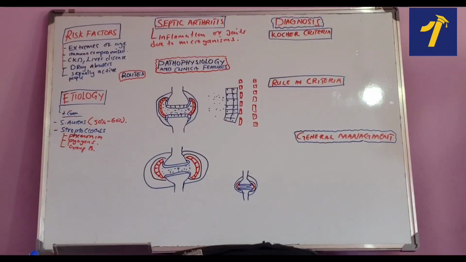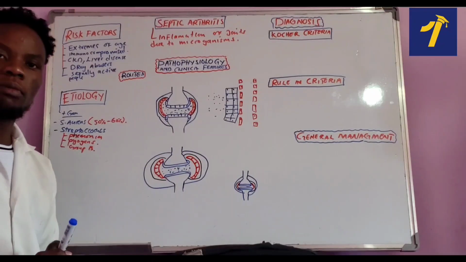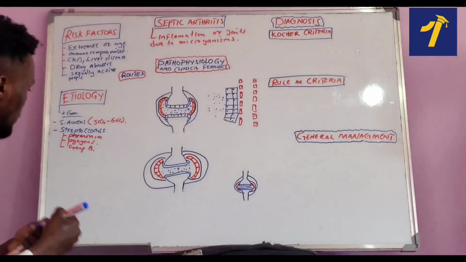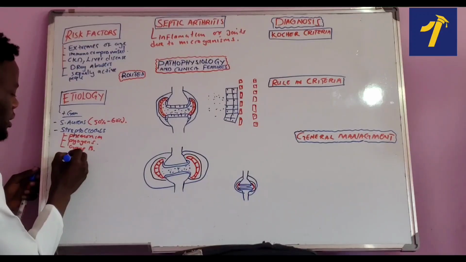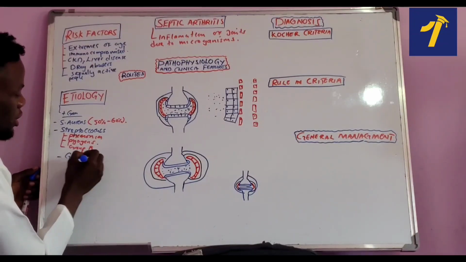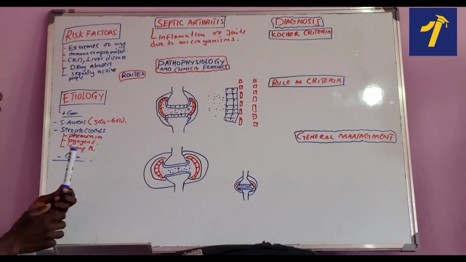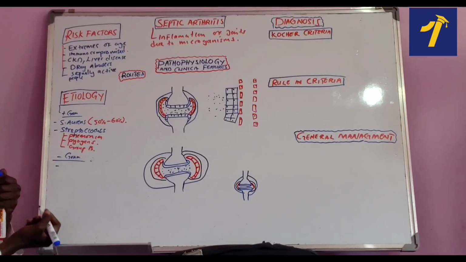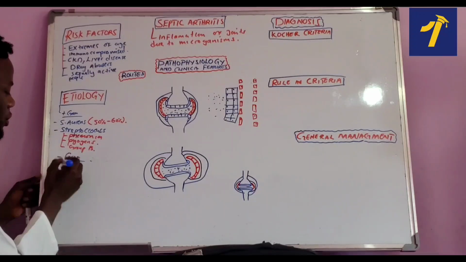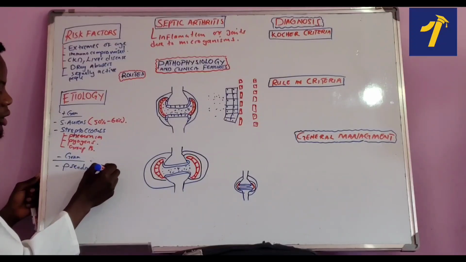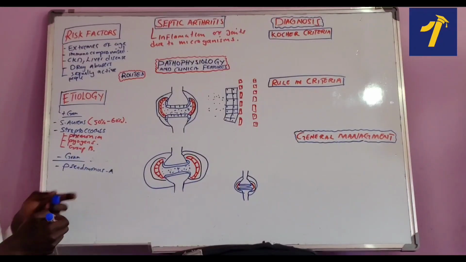If gram positive bacteria can cause septic arthritis, the other bacteria that can cause it are also gram-negative bacteria. These include Pseudomonas, let's just say Pseudomonas aeruginosa.